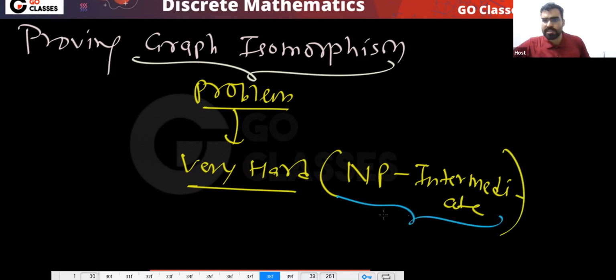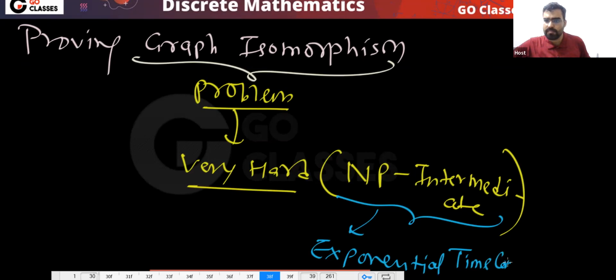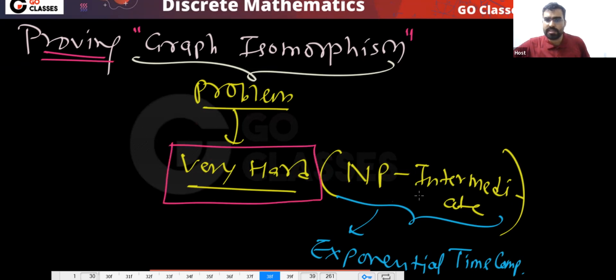NP intermediate problems are those problems which have exponential time complexity. So the time complexity is actually exponential for graph isomorphism. This is not simple hard, this is extremely hard.